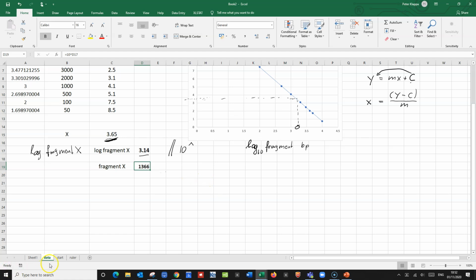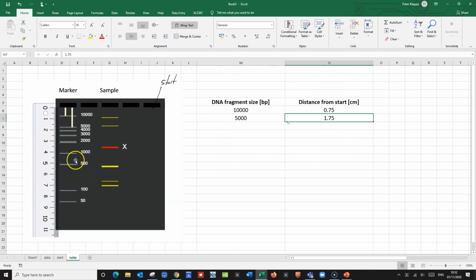Now, of course, we need to be a little bit careful because we've got uncertainties. If you look, for example, here, when we look at the band sizes, it would be very difficult to say that this is exactly here 3.05. It could be quite a bit of distance. So we need to be a little bit careful here.